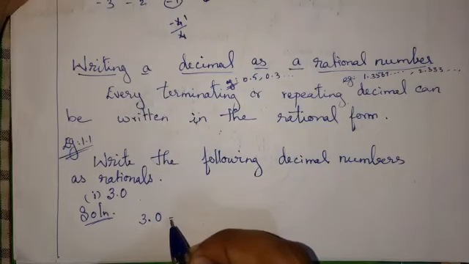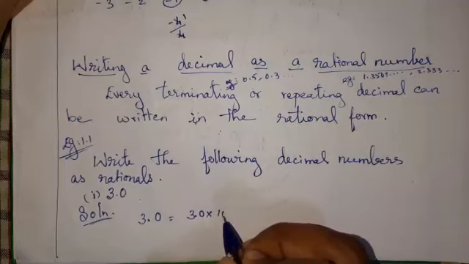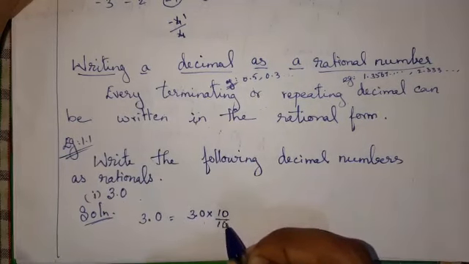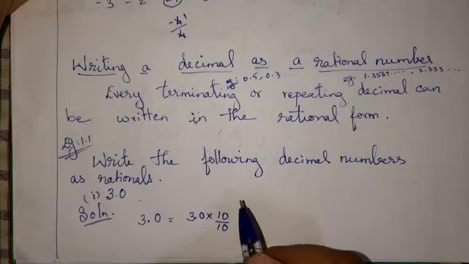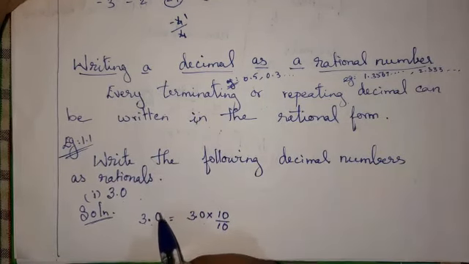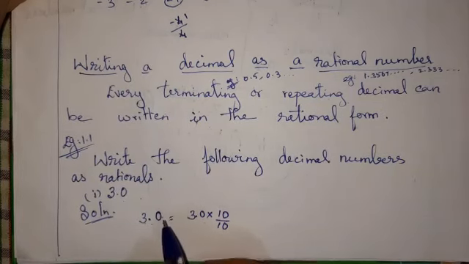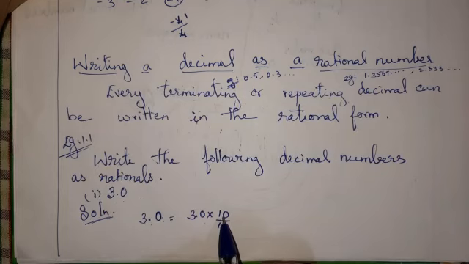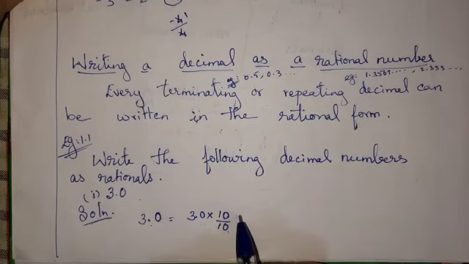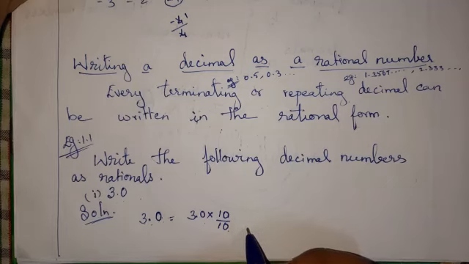Therefore, you have to multiply 3.0 by 10 and divide it by 10. One decimal place means you take 10. Two decimal places means you multiply by 100. Three decimal places means you multiply by 1000 and divide by 1000.